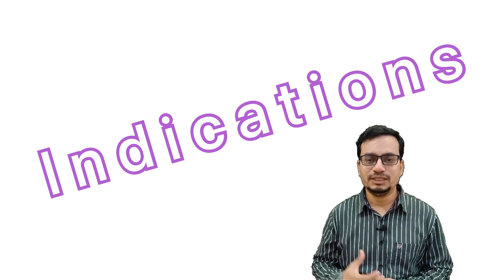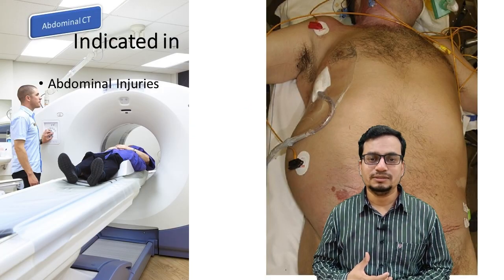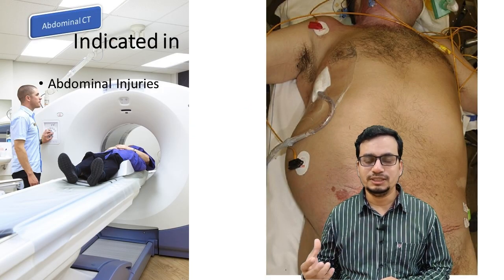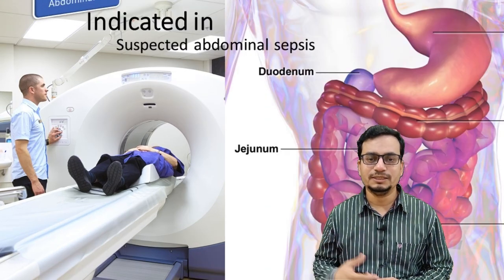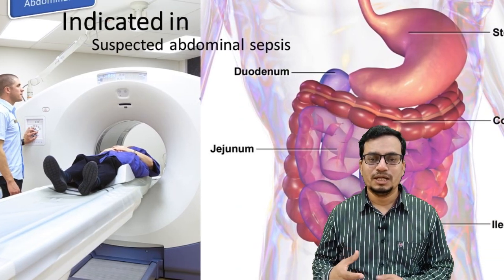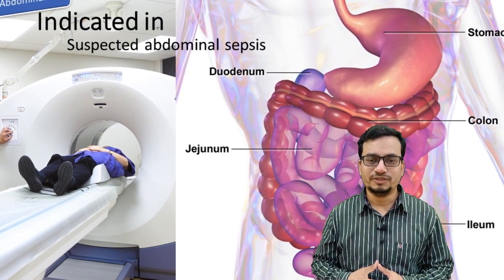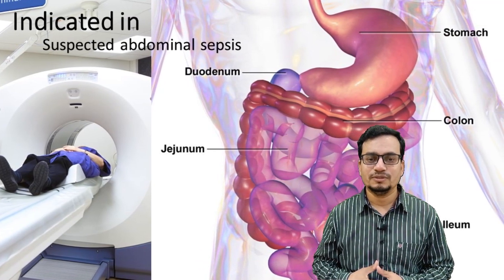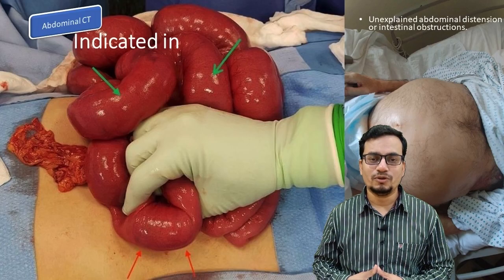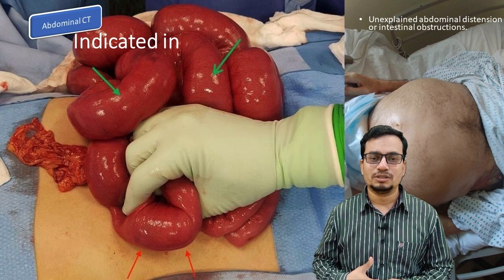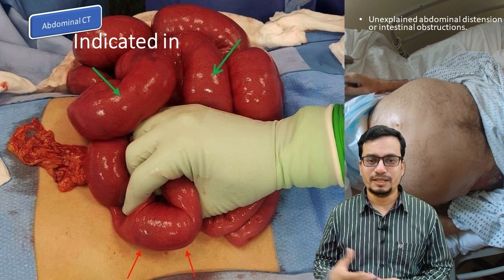Hence, a few indications should be in your mind such as abdominal injuries and hemoperitoneum, and to know the source of abdominal bleeding, and also to confirm abdominal or pelvic source of sepsis in cases of unexplained fever, and also in cases of abdominal distension which are not explained properly or intestinal obstructions which are suspected.